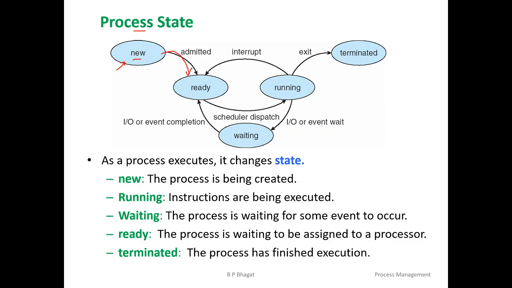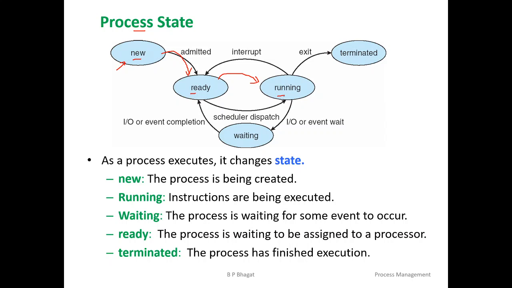The process waiting to be assigned to a processor is in the ready state. Once the process is assigned to the CPU and gets executed, we call the state the running state.